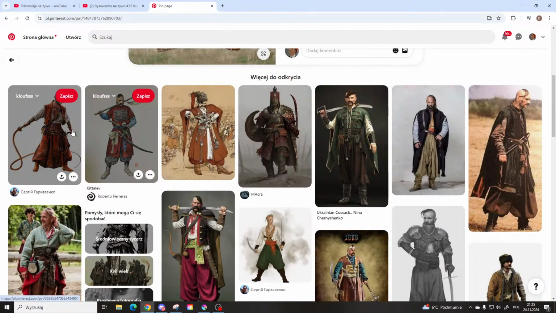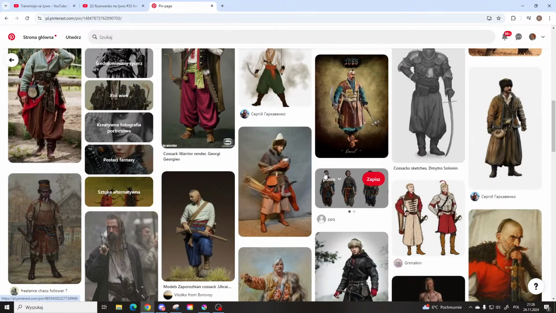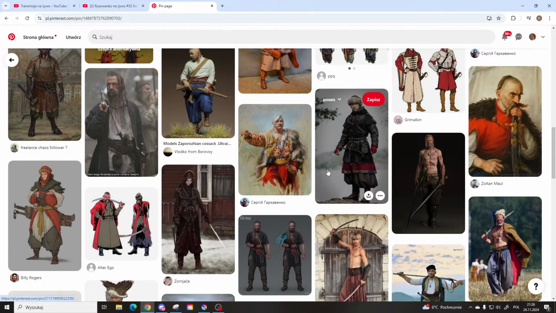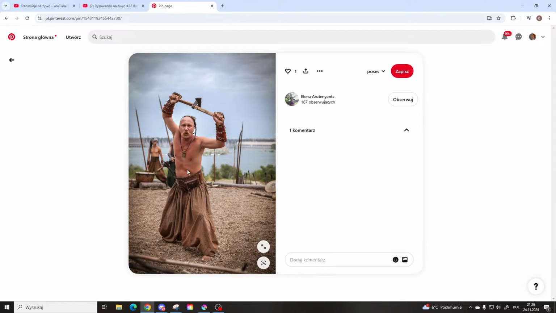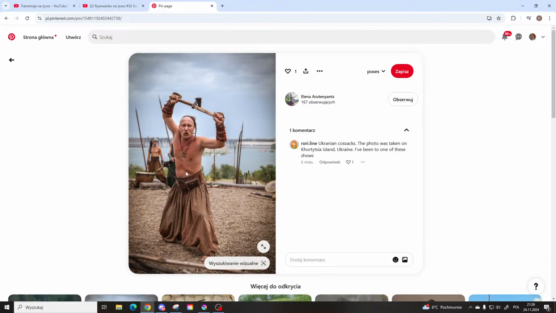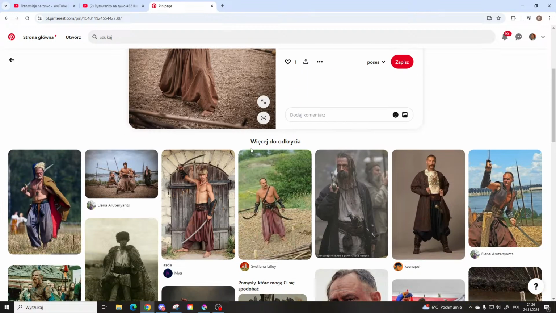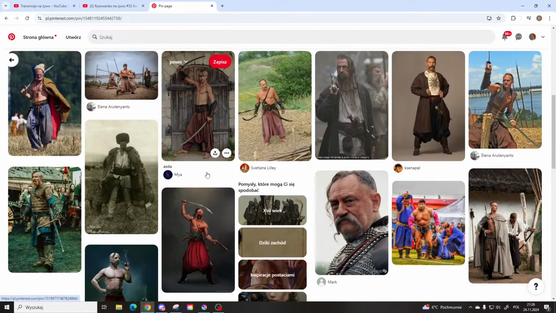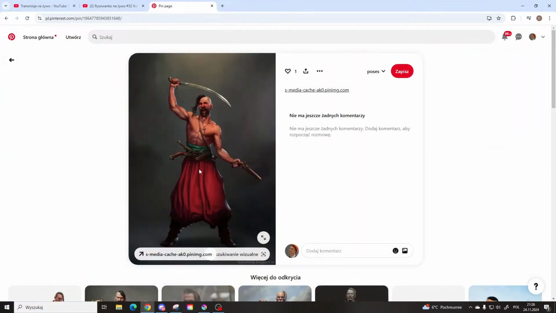I like their outfit and them being semi-barbaric. You see this guy and he doesn't even wear armor that would protect him, but you can tell that he is a freak warrior. He's not afraid of anything, and so I liked this vibe for orcs.